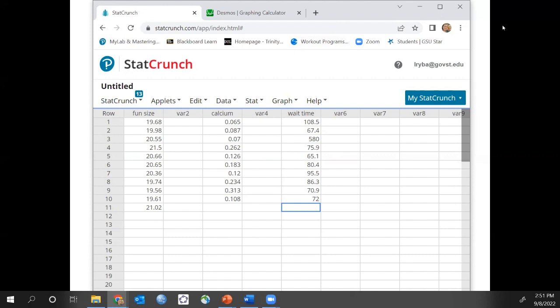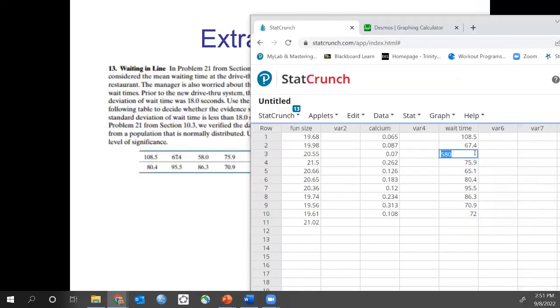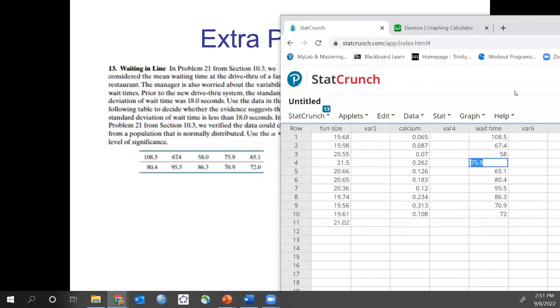Let me read these back: 108.5, 67.4, 58.0, and that's why we double check these. 75.9, 65.1. Okay, we're good there.